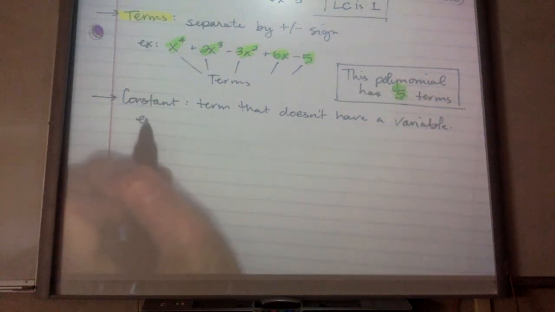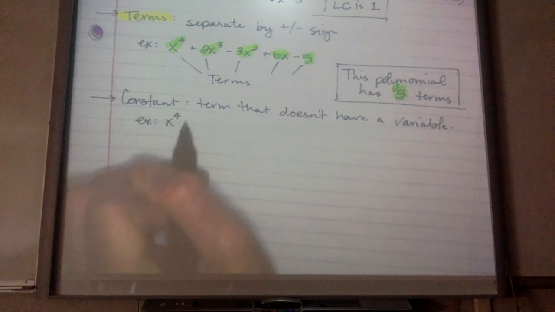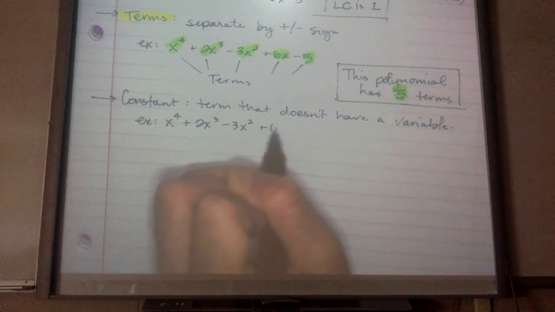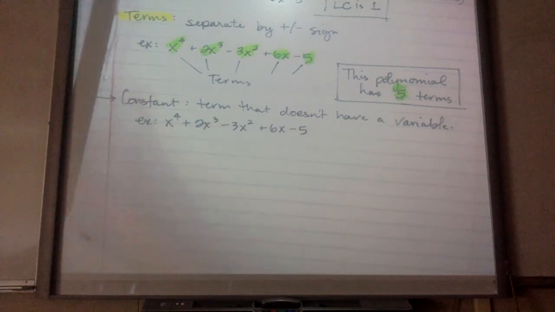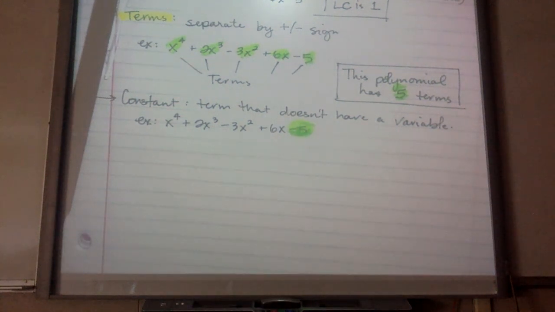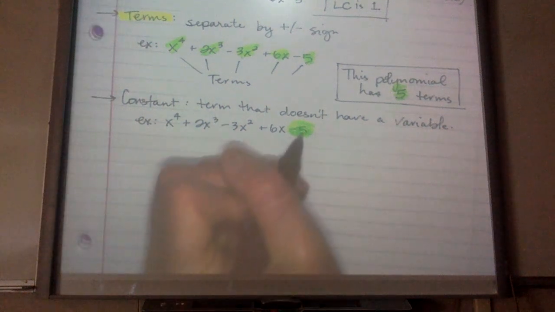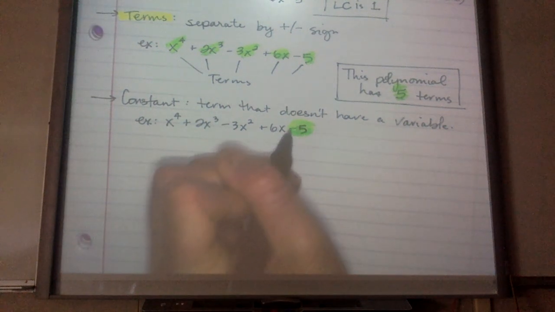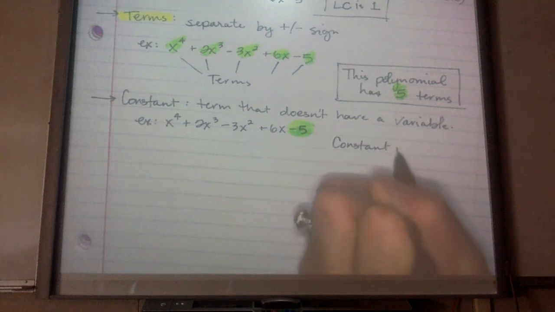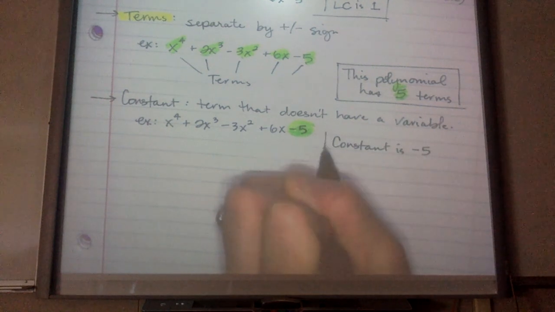So, for example, the same polynomial that I've used in every single problem above. This last term does not have a variable, or think of it as a letter next to it. So I would say the constant is -5.